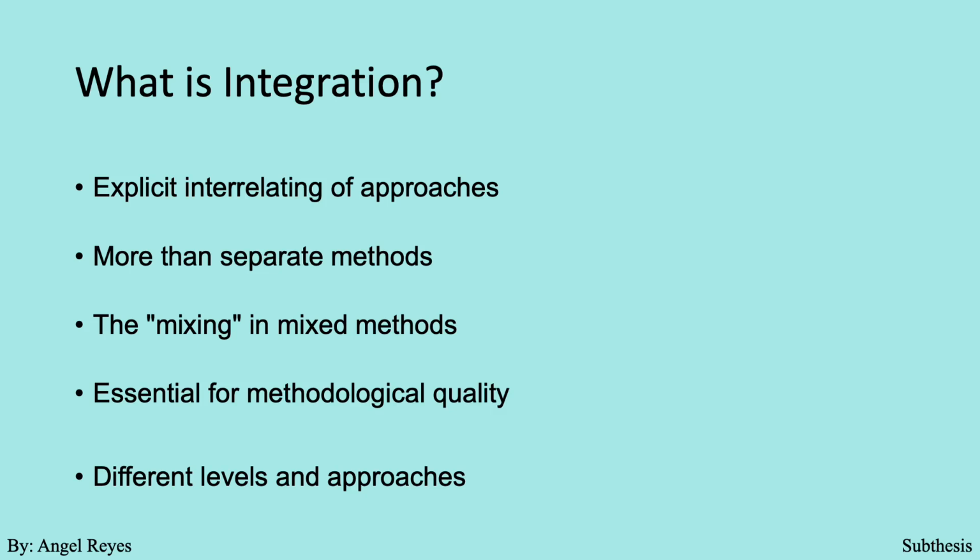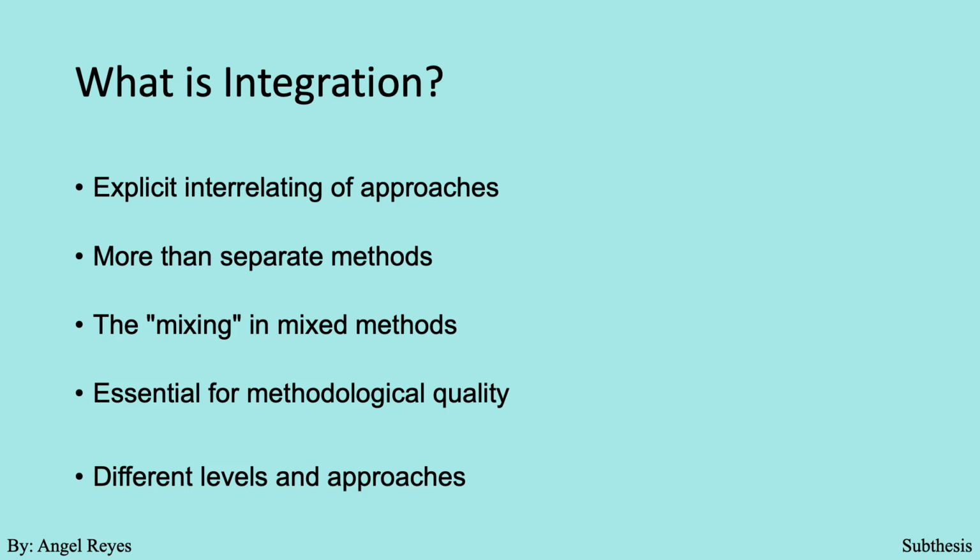Integration refers to the intentional interconnection of quantitative and qualitative components in a mixed method study. It's more than just using both methods in the same project. It's about actively linking the data, analyses, and interpretations. This is the actual mixing in mixed methods.